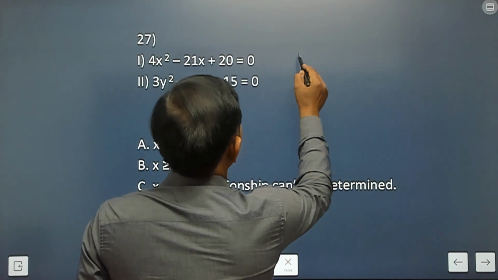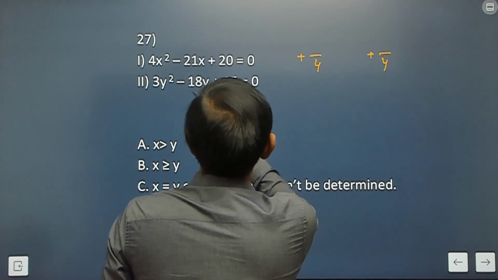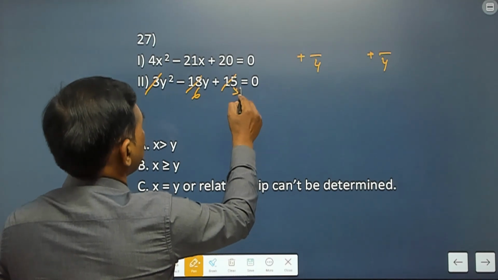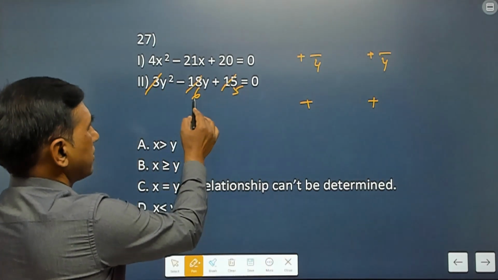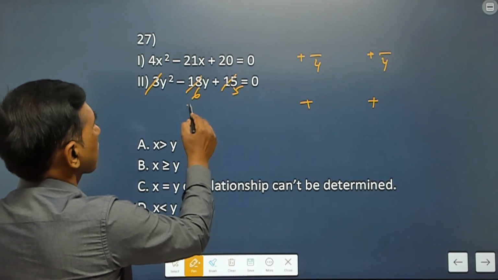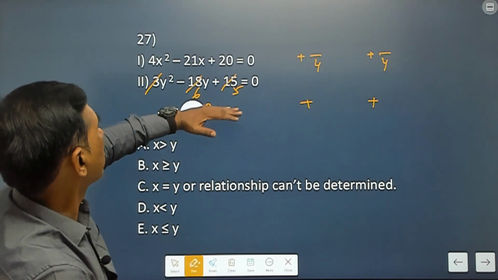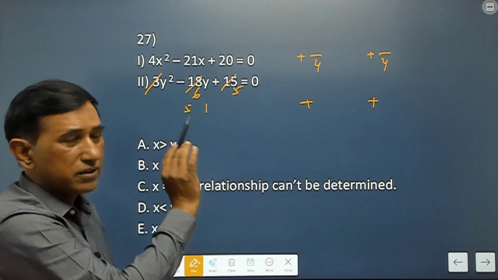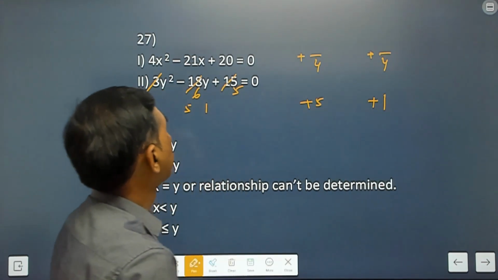This will be plus divided by 4, plus divided by 4. This one we will cut 6, 5. Since it is 6 and it has to be added, so 5 and 1. 5 plus 1, 6. 5 into 1, 5. So it will be 5 and 1.